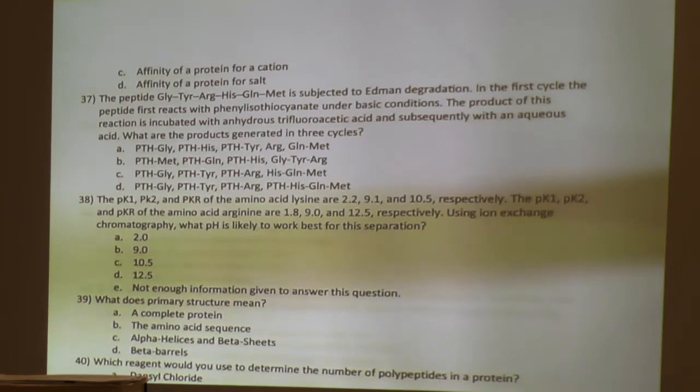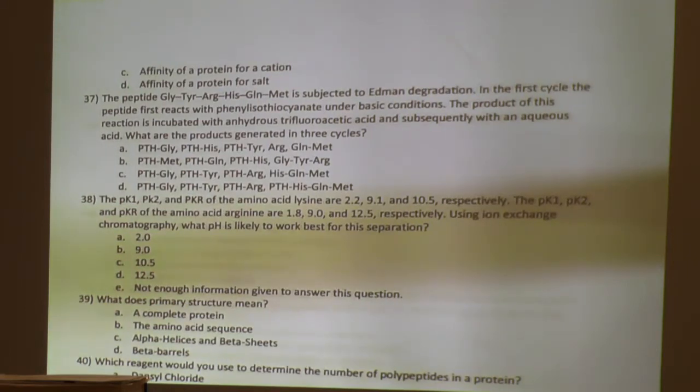Number 37. So the peptide Gly-Tyr-Arg-His-Val-Met is subjected to Edman degradation. In the first cycle, the peptide first reacts with phenylisothiocyanate under basic conditions. The product of this reaction is incubated with anhydrous trifluoroacetic acid and subsequently with an aqueous acid.